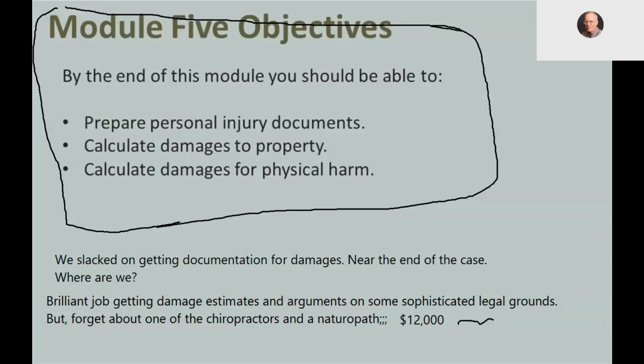What's $12,000? What is $12,000 to the client? They owe the bills. And let's say that it's ones that the health insurance company won't pay for whatever reason. They think it wasn't indicated, but we could argue for it in court.